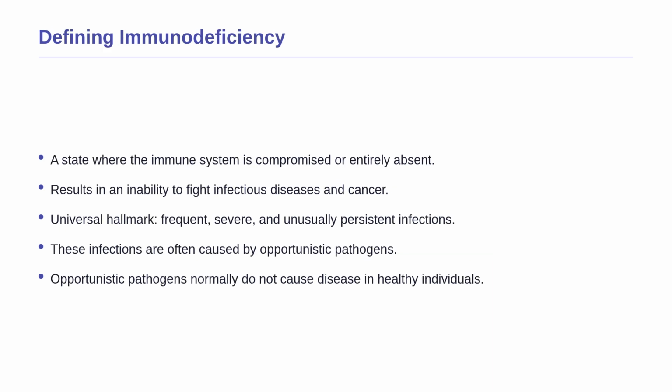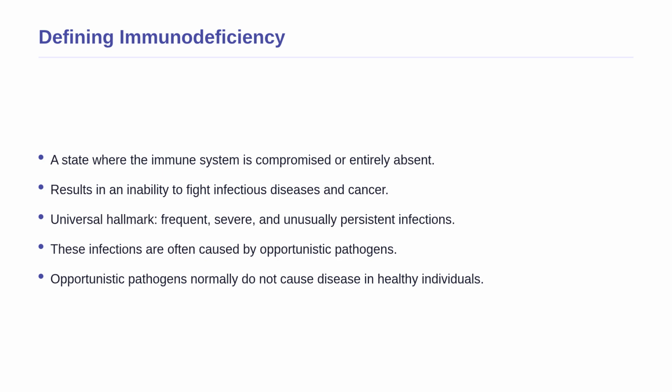Building on our fortress analogy, let us look at the formal clinical definition. In clinical immunology, immunodeficiency is defined as a state in which the immune system's ability to fight infectious diseases and cancer is compromised or entirely absent. The universal hallmark of this condition is the occurrence of frequent, severe, and unusually persistent infections.